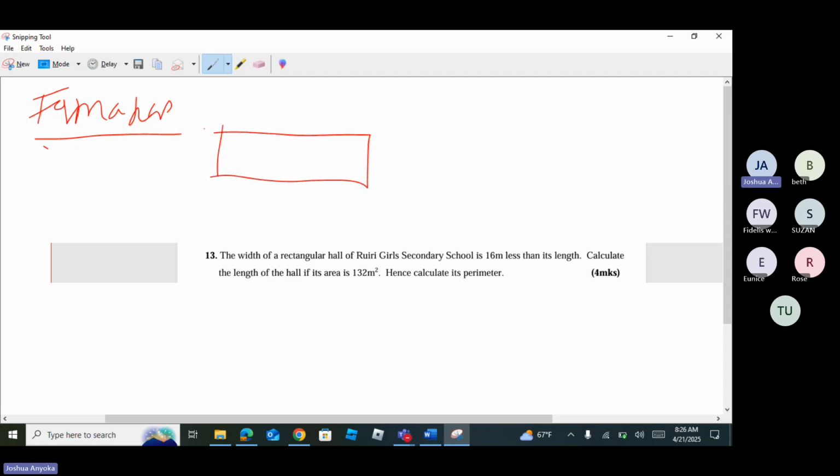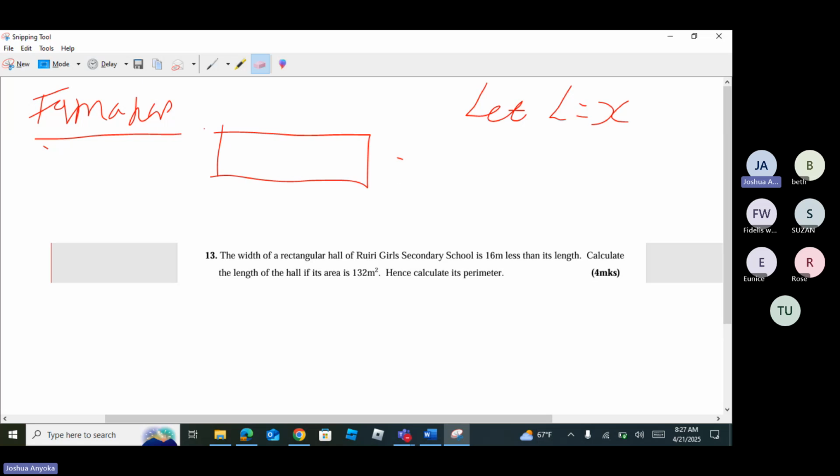The width is 16 meters less, so if the length is L, the width would be L minus 16, because that's what you are told. You can go ahead and say let the length of the hall be X. That's the proper communication in our subject.